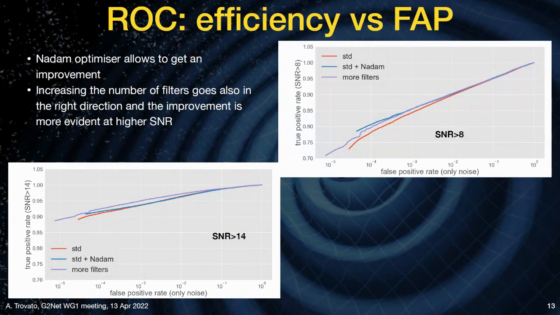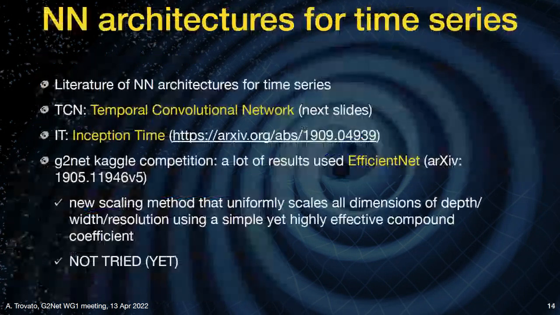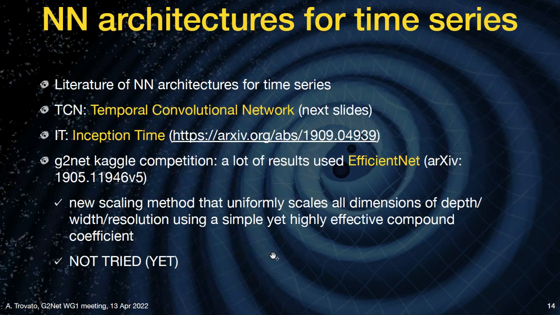Then when we arrived at this point, we started to evaluate different possible architectures. Because in the literature there are some architectures that are specifically meant for time series, and I will show two results.